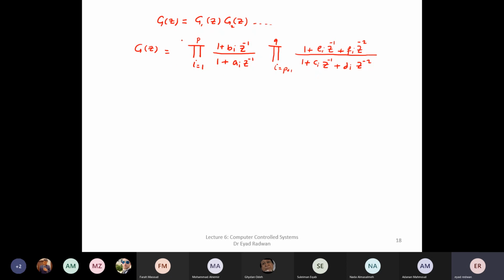لو كان fourth order زي ما حكينا ممكن يكون عندي first order term وعندي كمان first order term وبعدين second order term، ممكن يكونوا 4 first order terms، ممكن يكونوا 2 second order terms. You have to break down your function into combination multiplication of first order and second order terms.